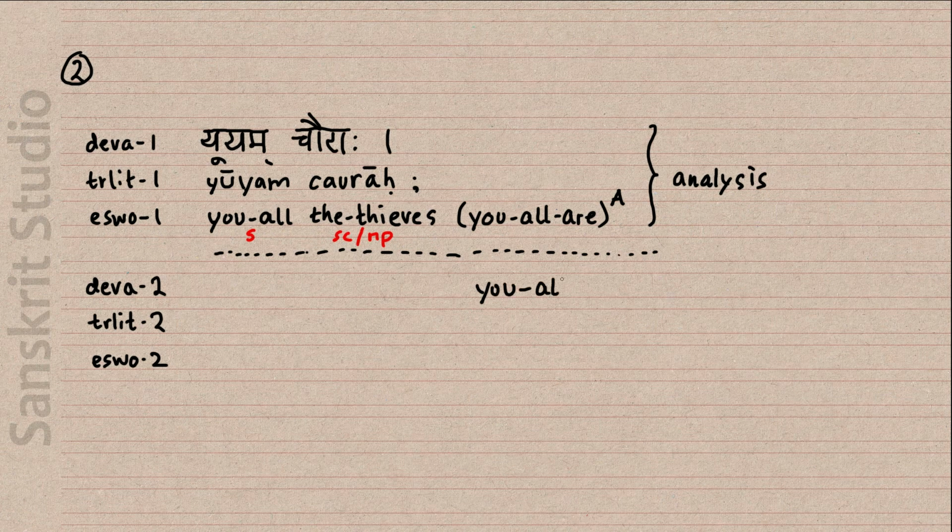You all are, and we indicate that straight down there, as always. So this is always straight down. There's no diagonal arrows going here from the verb there.